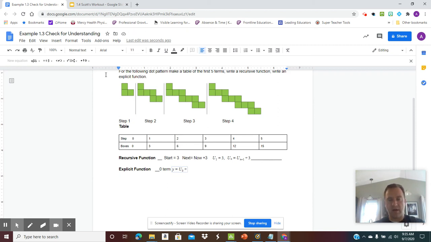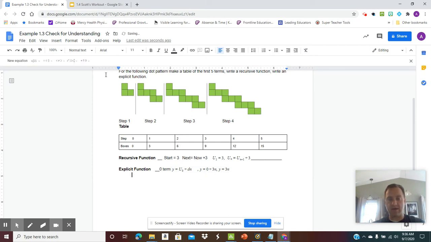And then you put plus the common difference, which is d, and then times n. So in our problem, that would become y equals 0 plus 3n, or you could just put y equals 3n, which a lot of you guys did put.